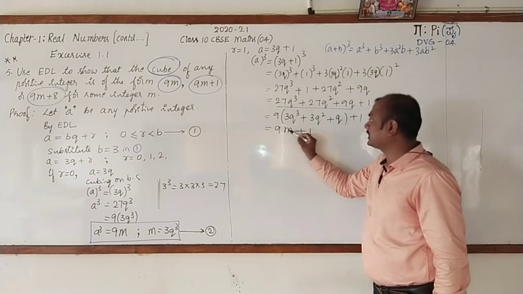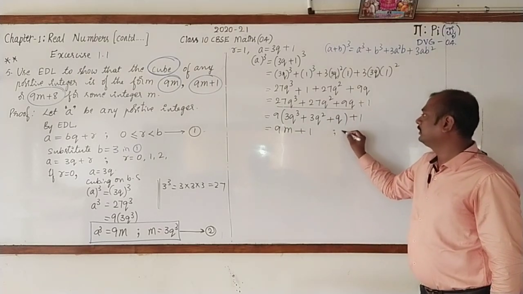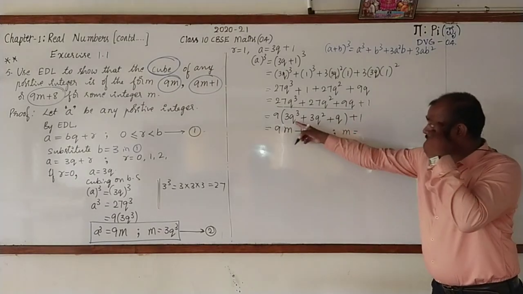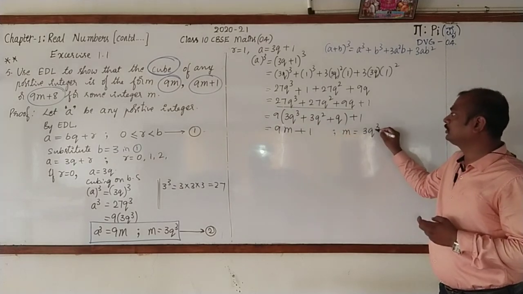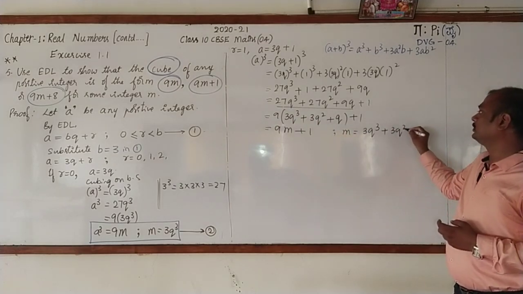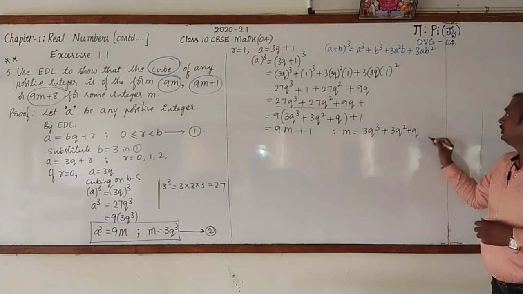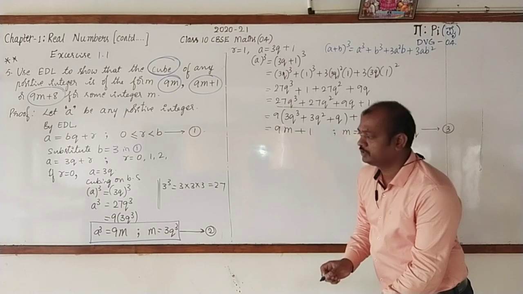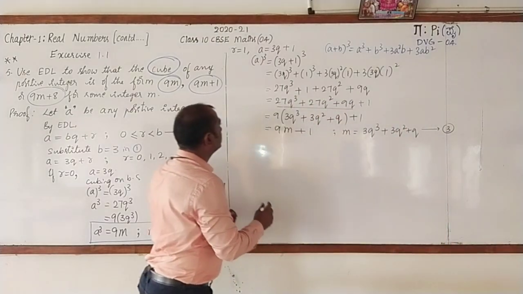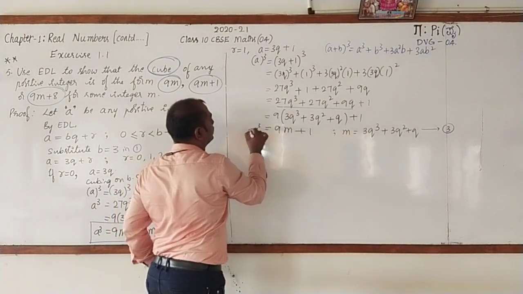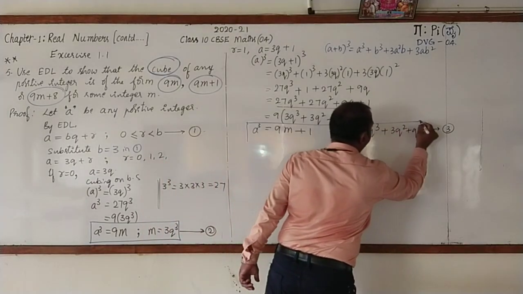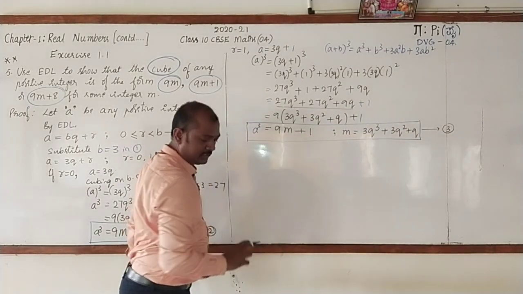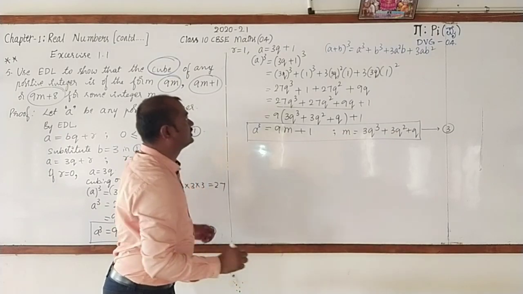Means in this place I have written m, where m is equal to 3q plus 3q square plus q. You may call it statement 3. So now I am going to highlight that. Next, one more case is there.